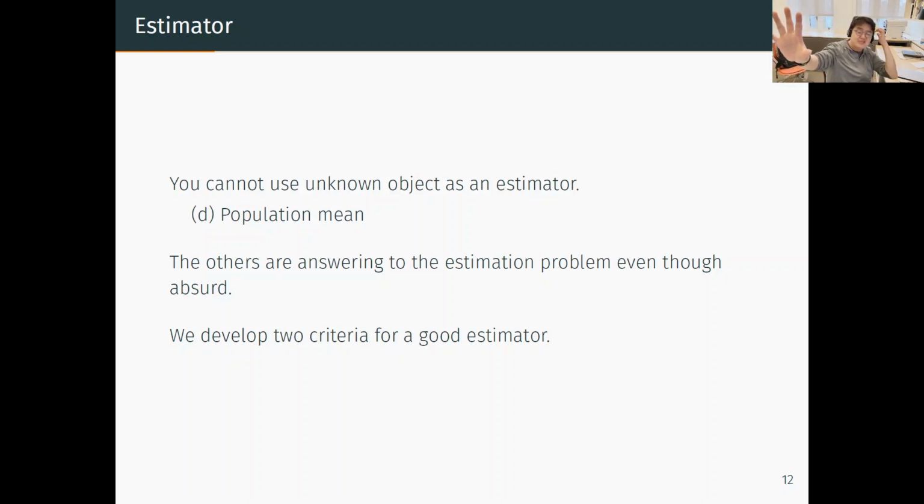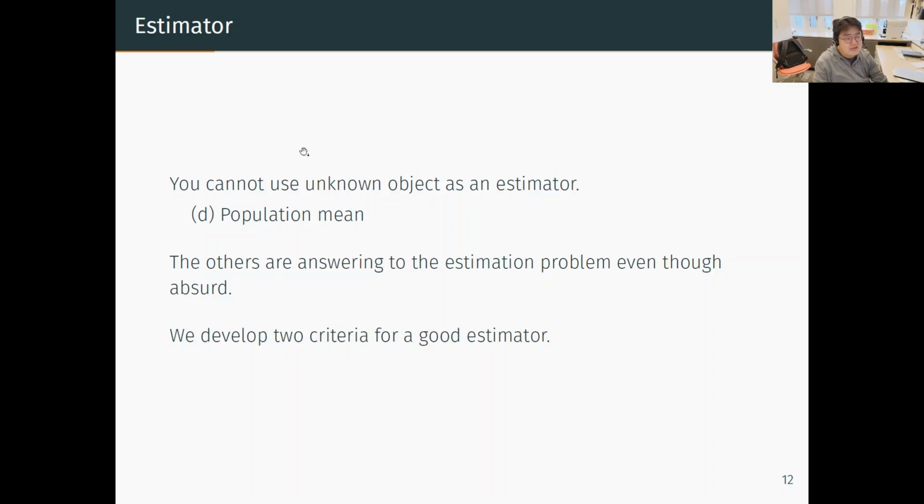The target must be fixed and your answer must be calculable. These are really basic requirements for estimation, but often they are ignored, so I wanted to emphasize what's usually missing.